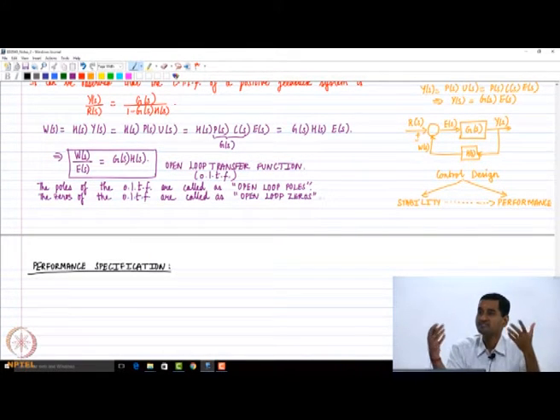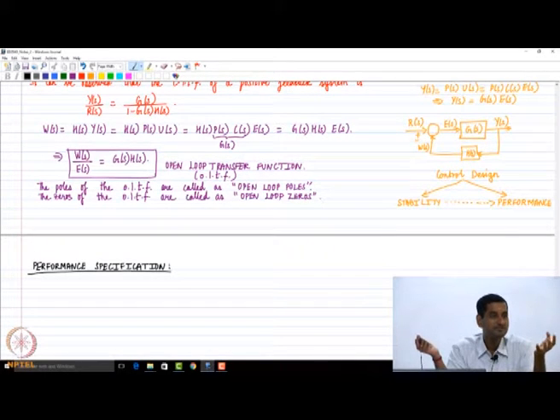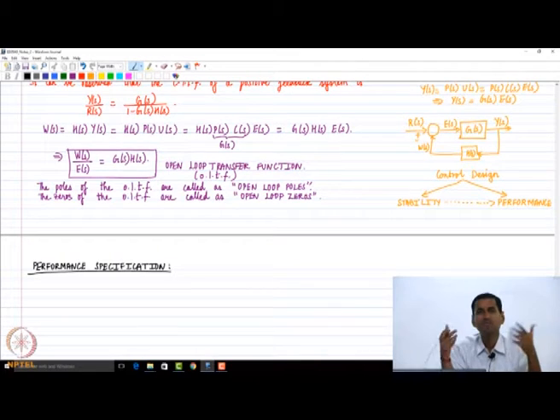Now I have 60 controllers in my hand. How do I evaluate which is the best one? From a practical perspective, I need to evaluate. So what can be some parameters which I can use for evaluation? What do you think I can use as criteria for performance evaluation?